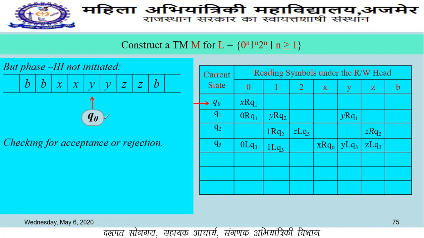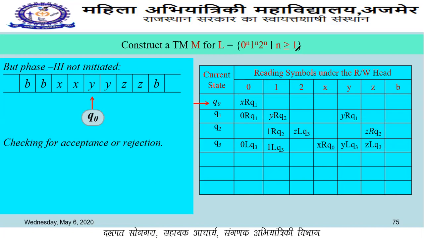If we read 1 or 2 in the right hand side direction, it means either 1 is greater than 0, or if 2 is found, 2 is greater than 0. So these will be the cases.